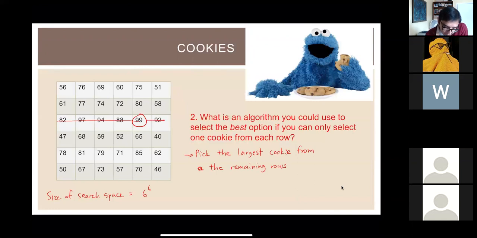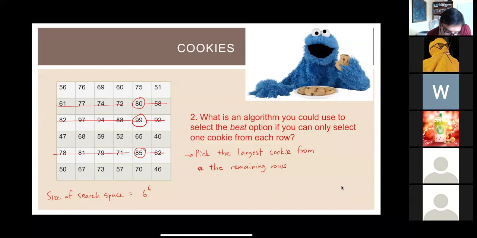And so the next one we pick is the largest one remaining, which is an 85. And then we eliminate that row. And then we choose the largest one remaining, which is, I guess, an 80. And then we choose the largest of what's left, which I believe is the 76 over here. And then we would choose the 73. And then we would choose the 68. And that would be our solution.